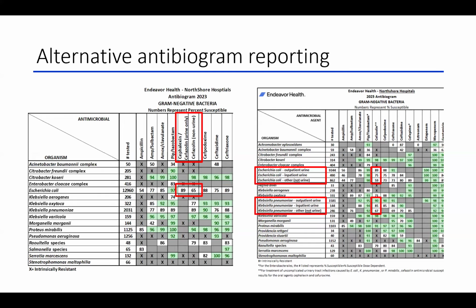It's just to give providers an idea of when it might be appropriate to use these drugs and when not. Some of the downsides here are that you need 30 isolates to really have statistical significance. If you break your categories down too far, you don't have the significance you need to make decisions. But in some large categories, it can be really useful.